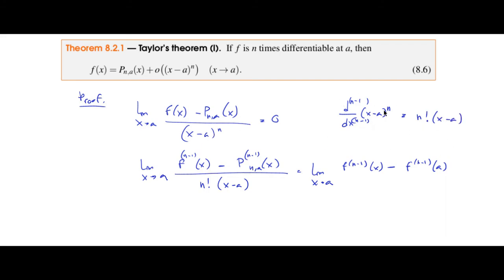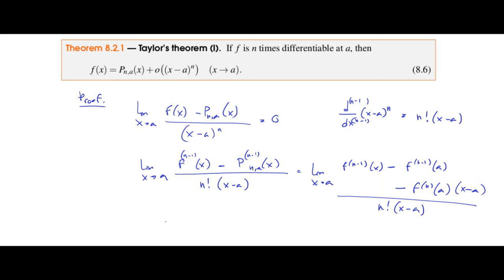Now in the Taylor polynomial, the term that's multiplying (x minus a) to the n is the nth derivative of f at a divided by n factorial, right? So we have this minus the nth derivative at a times (x minus a), all of this divided by n factorial times (x minus a), right?